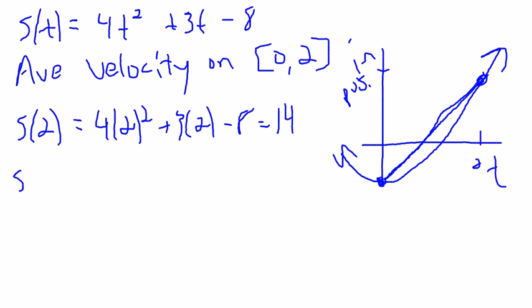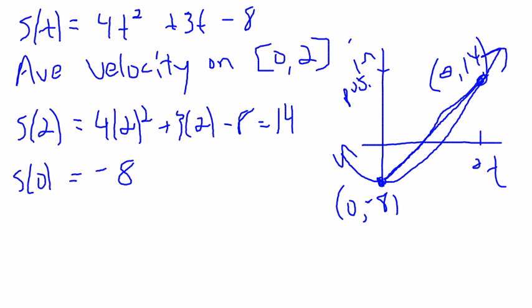Then I find s of 0, which is just the y-intercept, -8. And from here, I have all the coordinates. I know that this is 0, -8. I know that this is 2, 14. Sorry for the chicken scratch.